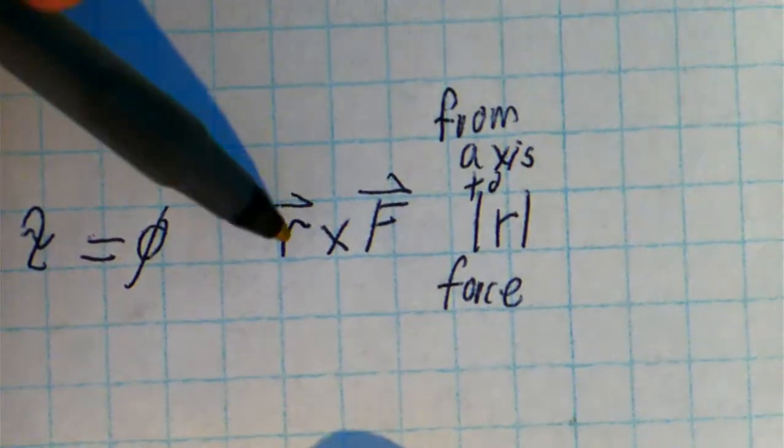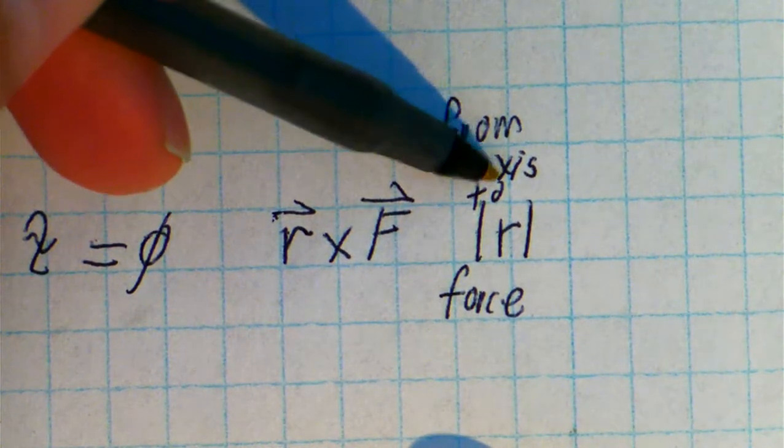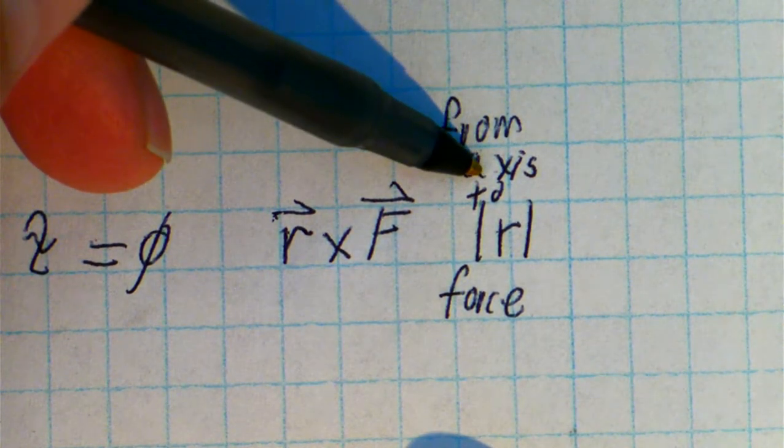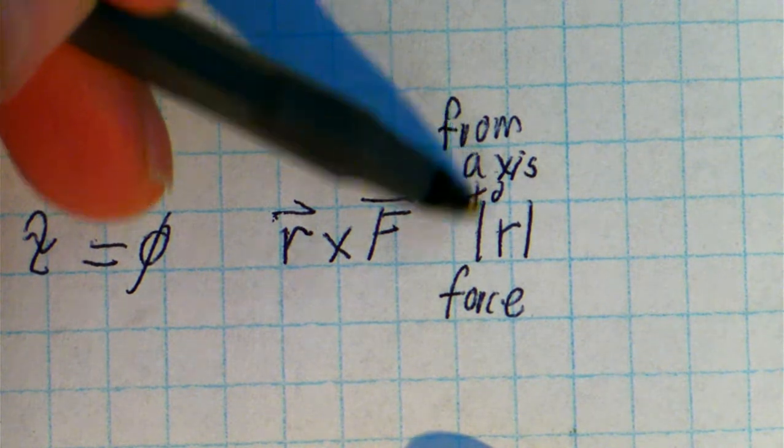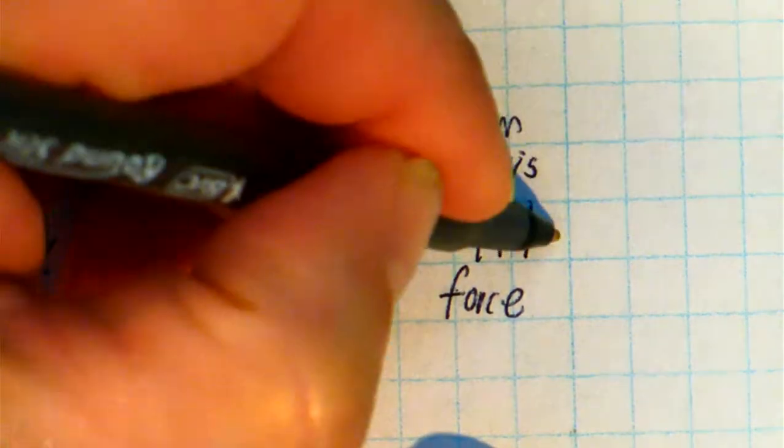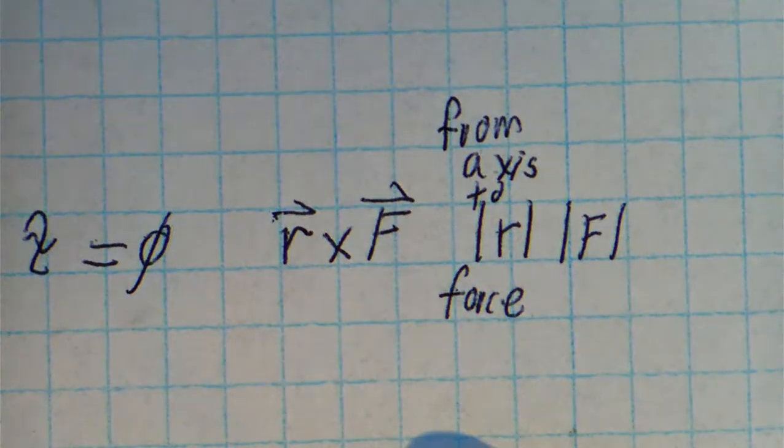The formula is the magnitude of the distance from your selected axis to where the force is being applied times that force.